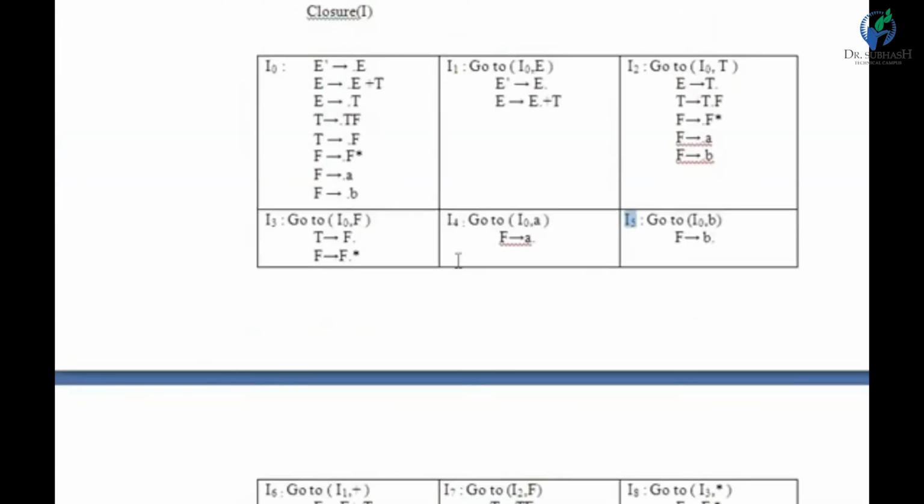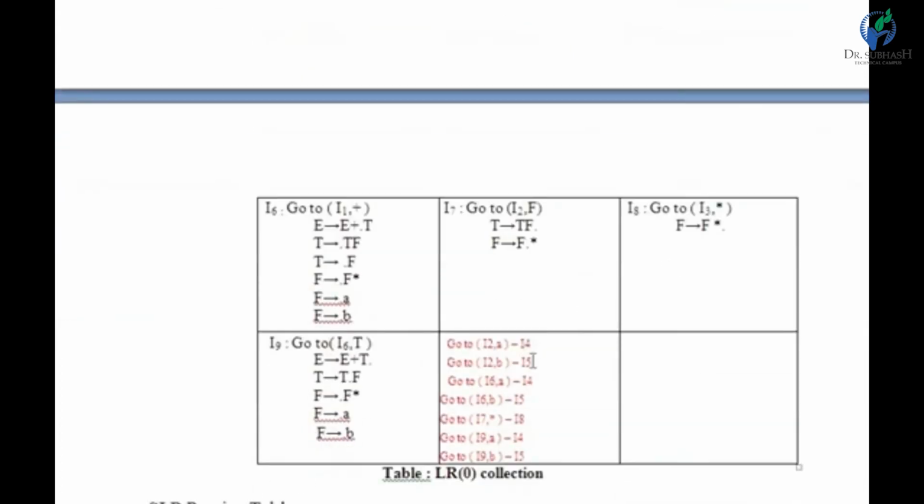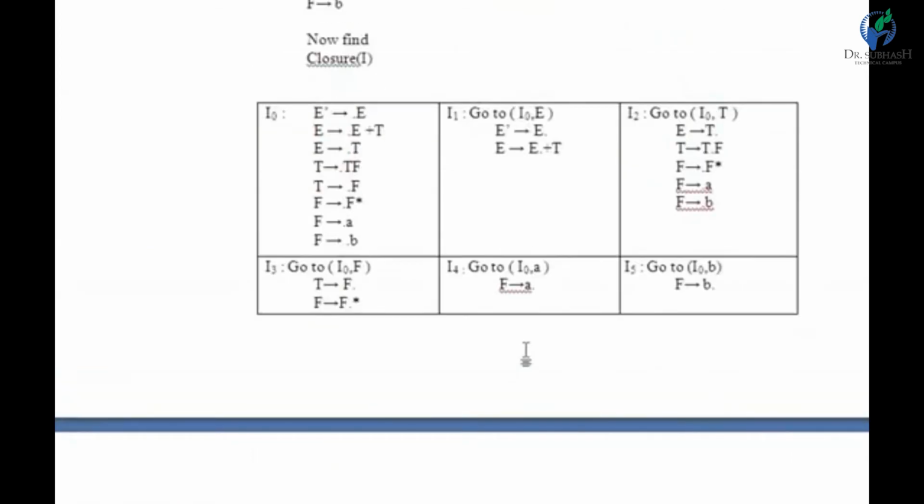Here I2 to A and I2 to B are also already indicated by I4 and I5. If you find any repeated state, then don't give any new name, just repeat that state. So this is your LR0 collection.